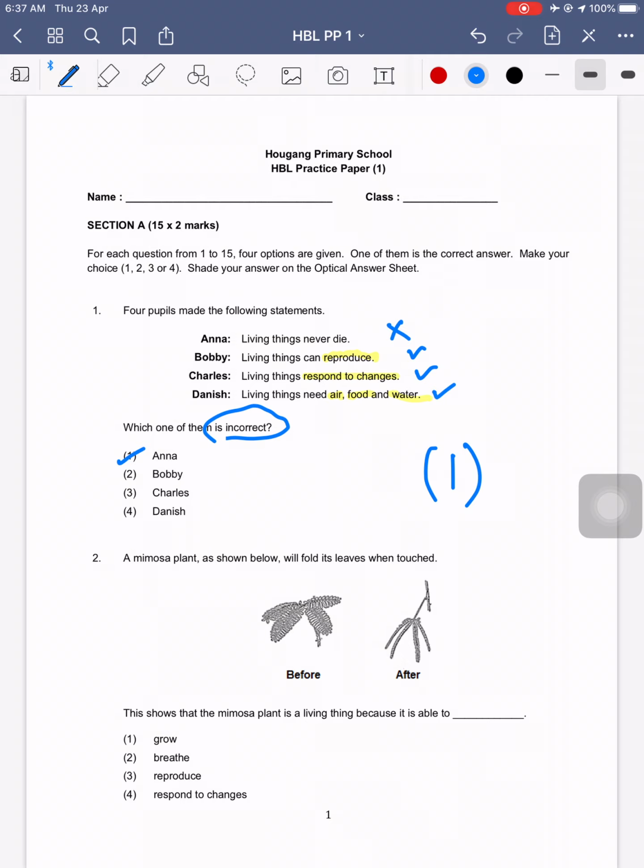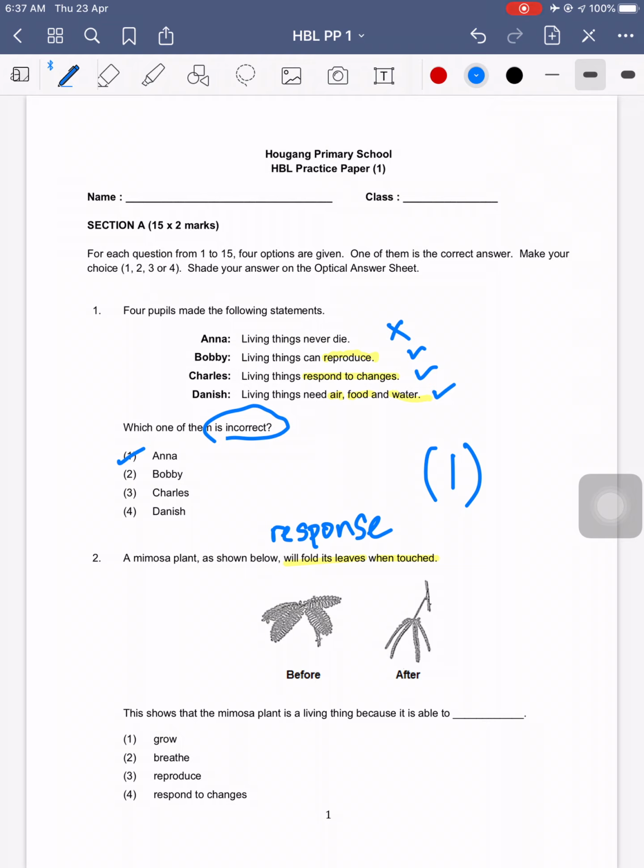Okay, question 2. Now, a mimosa plant, as shown below, will fold its leaves when touched. I would like to emphasize that this folding of the leaves is the response.